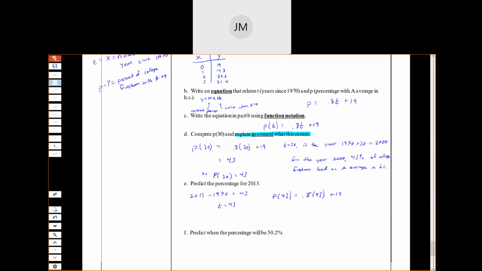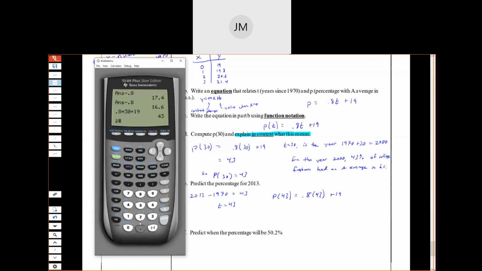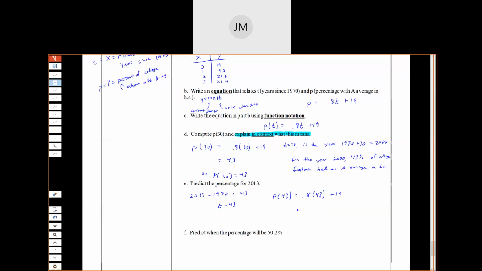And again, I'm going to use my calculator to compute. So 0.8 times 43 plus 19 is 53.4. So we have 53.4%.